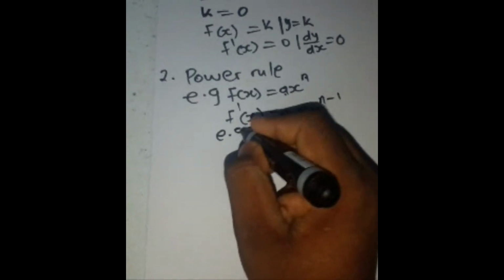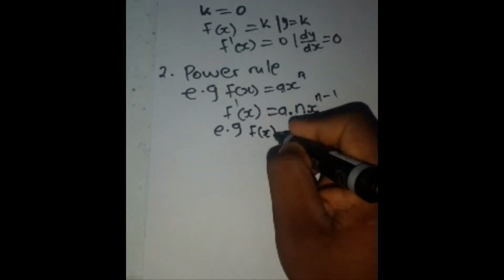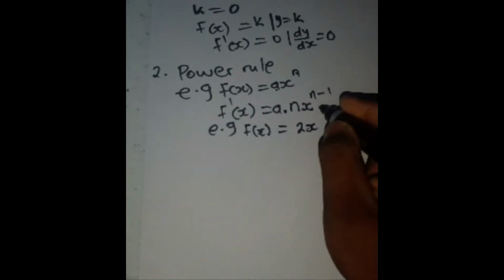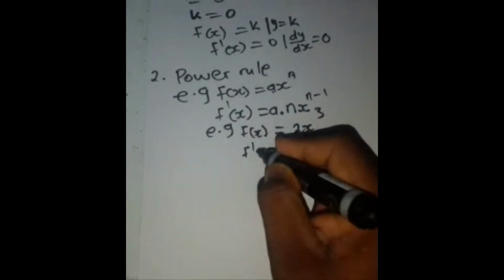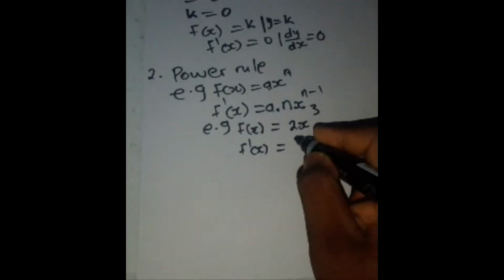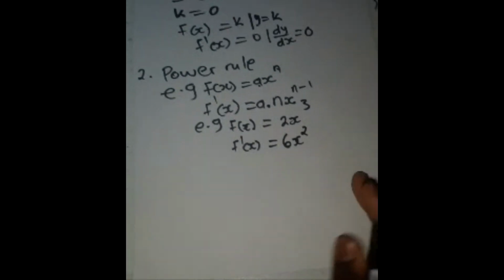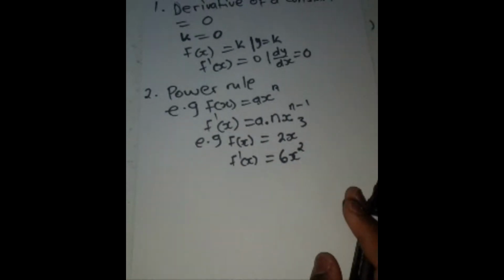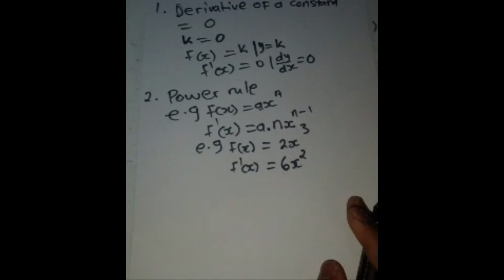So for example, it can be f of x equals 2x cubed. So the first derivative there is going to be 6x squared.